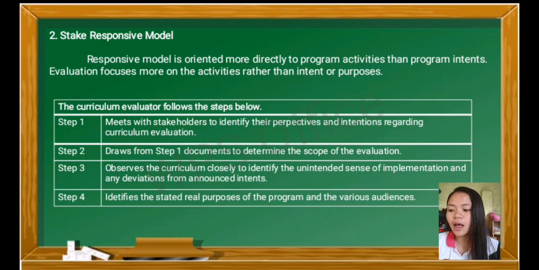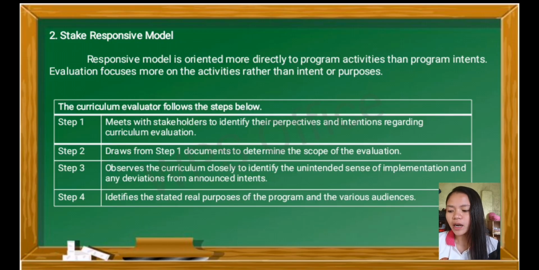First step is to meet with the stakeholders to identify their perspectives and intentions regarding curriculum evaluation. The second step is to draw from the step 1 document to determine the scope of the evaluation. The third step, observe the curriculum closely to identify the intended scenes of implementation and any deviations from announced intents.